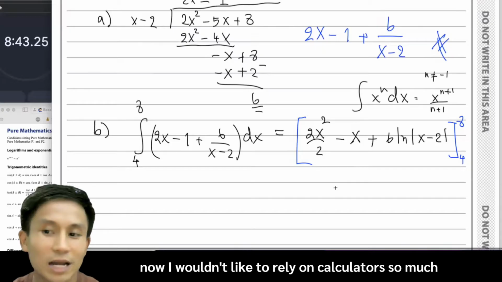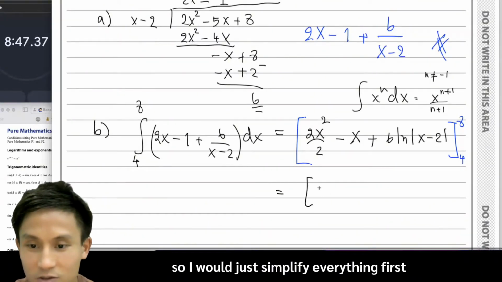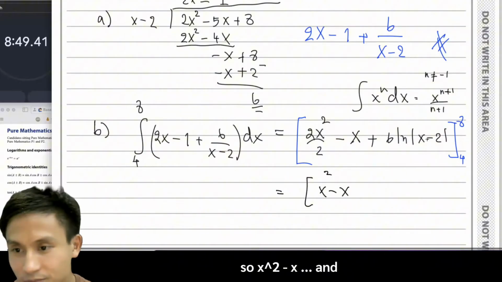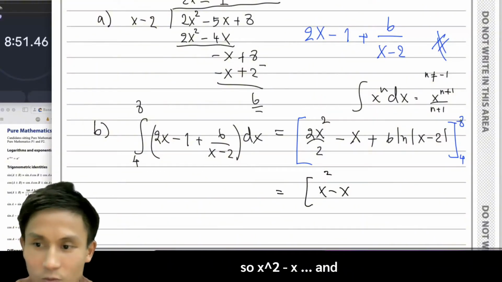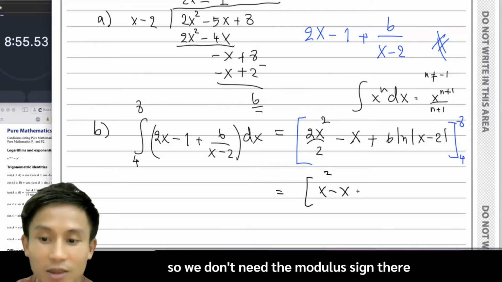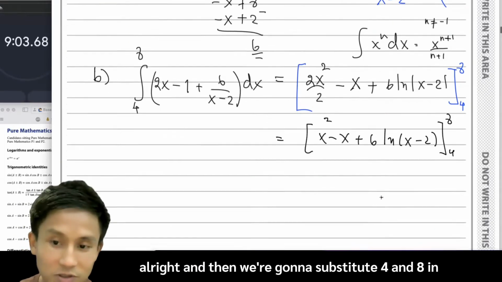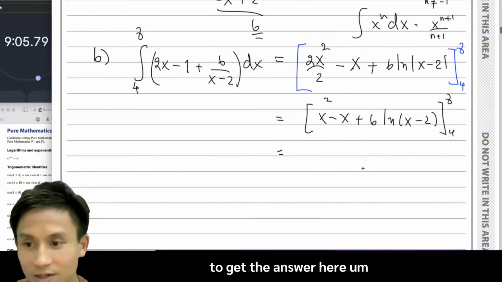Now, I wouldn't like to rely on calculators so much, so I would just simplify everything first. So x squared minus x. And for B, we already know that 8 and 4 are both positive, so we don't need the modulus sign there. So I'm just going to go like 6 ln(x minus 2) here. All right. And then we're going to substitute 4 and 8 in to get the answer here.